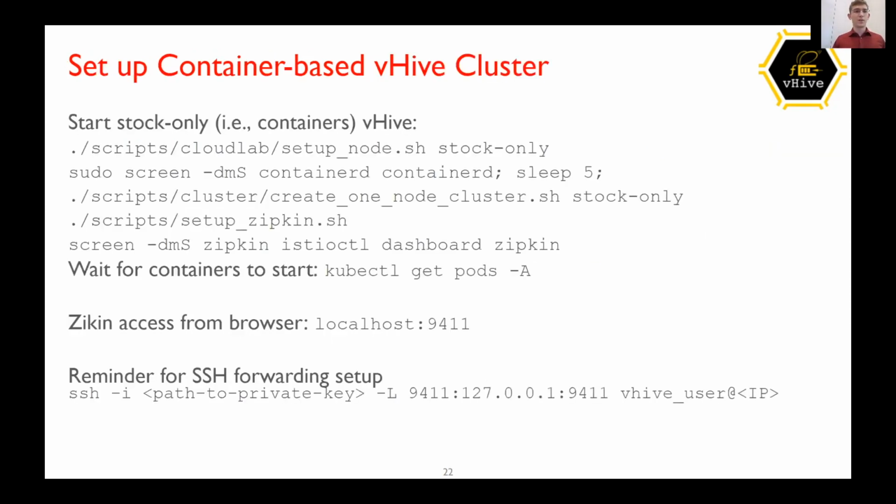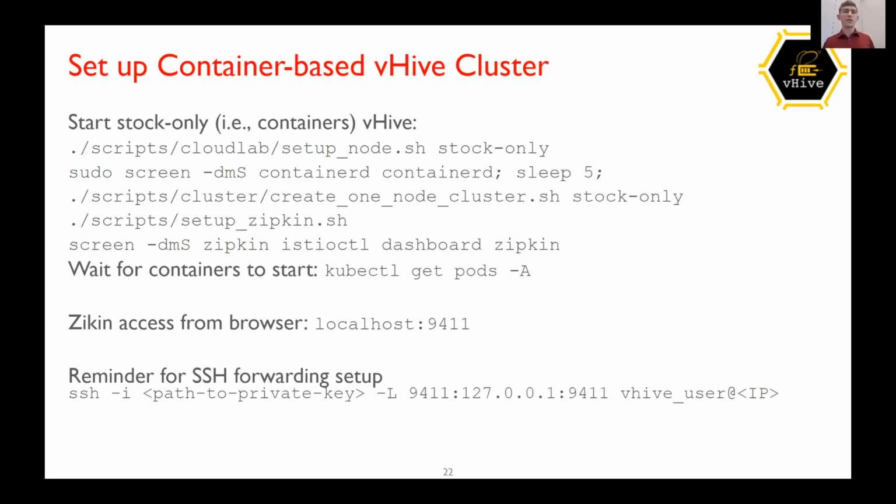To set this up, we will use stock Knative, so basically stock-only vHive. This is mainly because it's easy to go through all the steps, so we're not stuck going through a bunch of vHive and then back to Knative and then back to vHive. We will use a very simplified model, and for this, you can use the following commands to set it up.